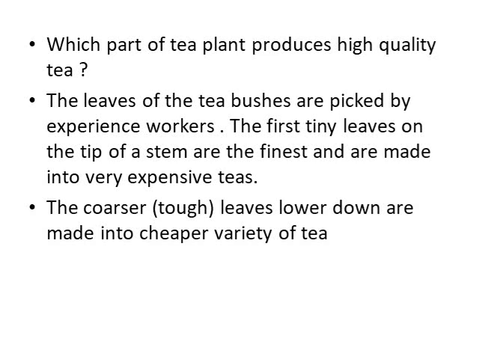Which part of the tea plant produces high quality tea? The leaves of the tea bushes are picked by experienced workers. The first tiny leaves on the tip of a stem are the finest and are made into very expensive teas. The coarser, meaning tough, leaves lower down are made into cheaper varieties of tea.